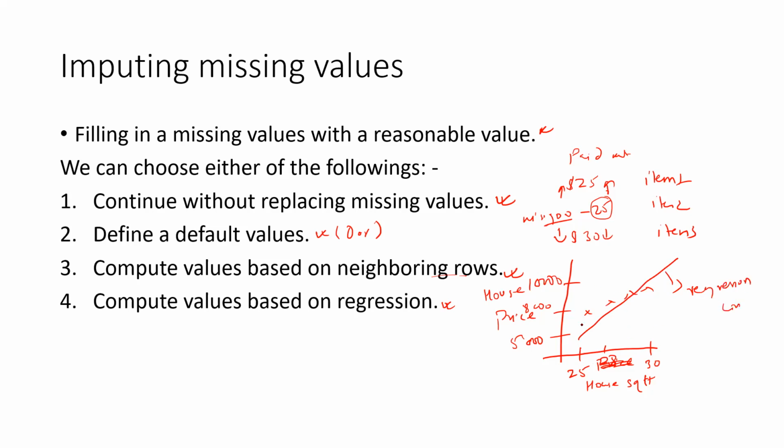If my house's square feet is given as 30 and we need to know the price, we can use the regression technique and see that for 30 square feet my price is somewhere here, somewhere like $12,000. So we can even use the regression method to impute the missing value.